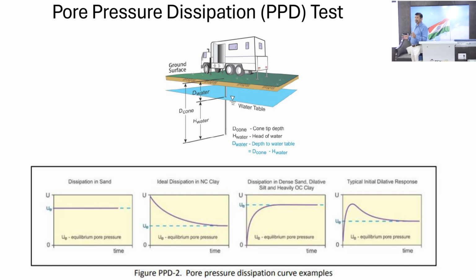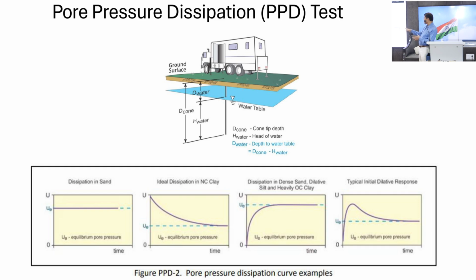Again, besides normal CPT and seismic CPT, we also do another very important test, the pore pressure dissipation test. That's where I mentioned, once we see this high dynamic pressure, we do that.